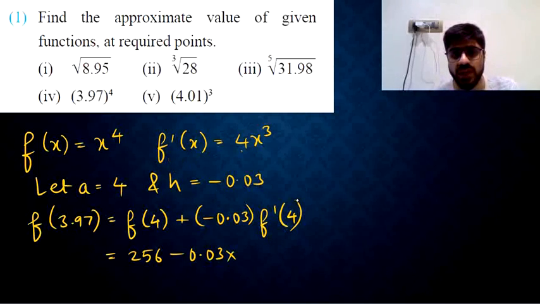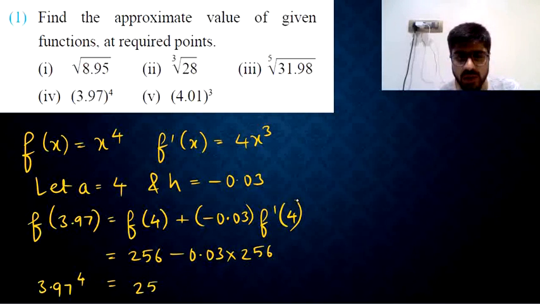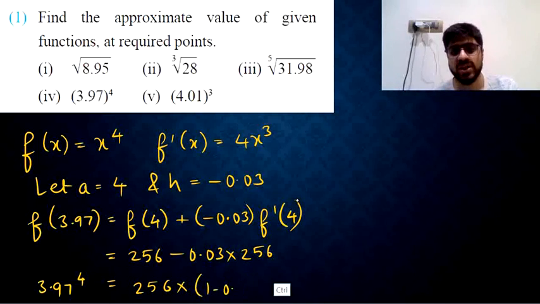So f dash 4 will be 4 into 4 cube, that is 4 power 4 only. So 4 power 4 will again be 256. So we have f of 3.97, that is 3.97 power 4, approximately as 256 minus 0.03 into 256. If I take 256 common, then inside the bracket I will be left with 1 minus 0.03, and this will be 0.97.